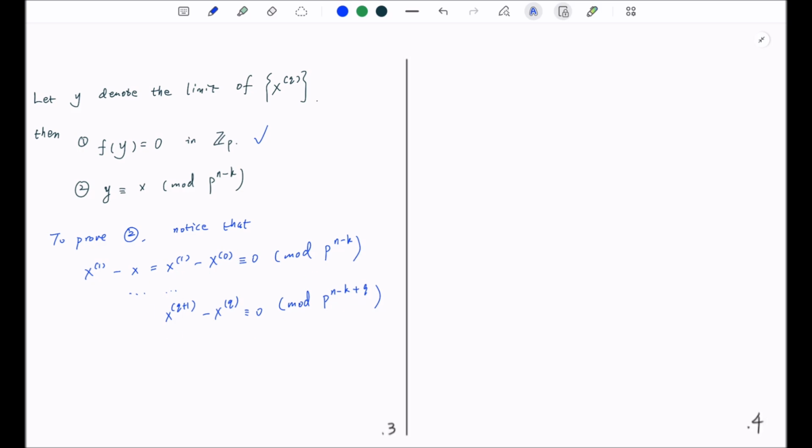And if you add all of them together on both sides and cancel the telescoping terms, you will get x superscript q plus 1 minus x congruent to 0 modulo the smallest power, which is p to the power n minus k. And this is true for any q.